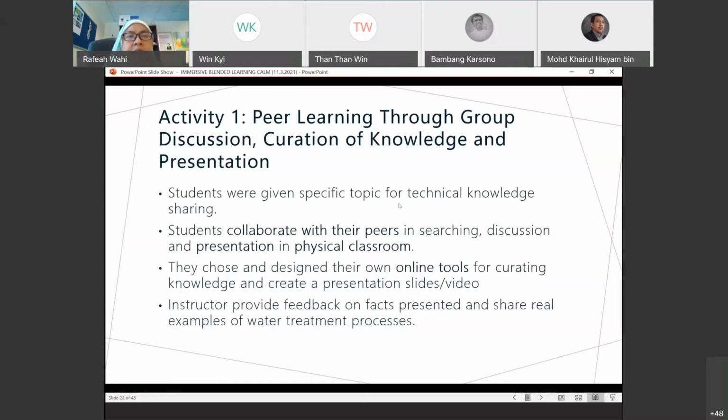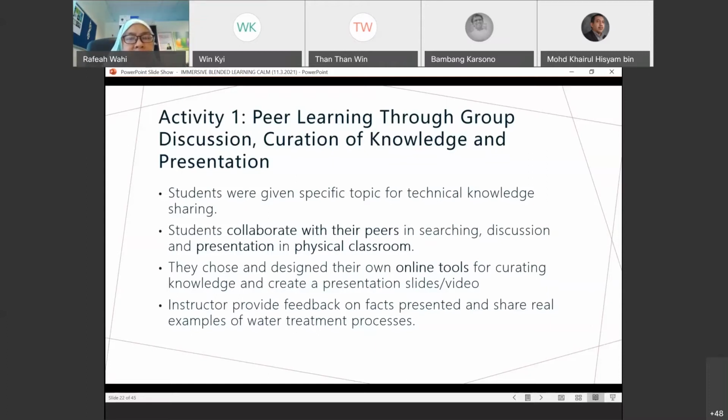For example, if today we are learning about hazardous waste, hazardous chemicals, and so on, that would be the specific topic for them to discuss, and they collaborate with their peers in searching, discussion, and presentation in physical classroom, and they choose their design. They design their own online tools for curating knowledge and create presentation slides and videos.